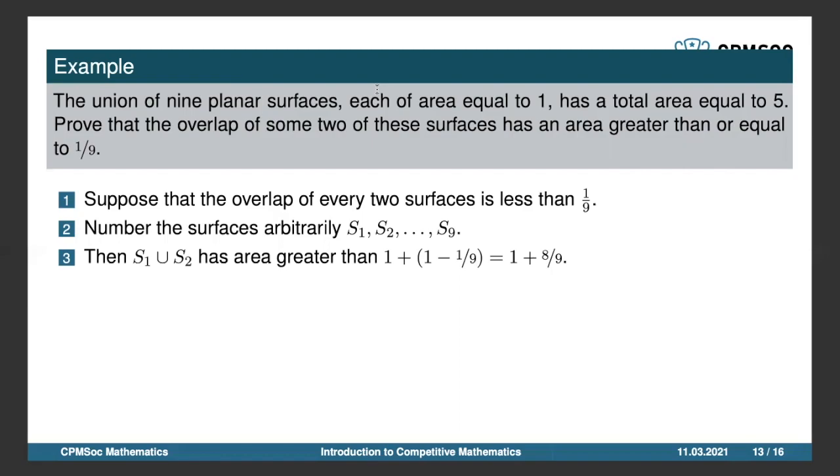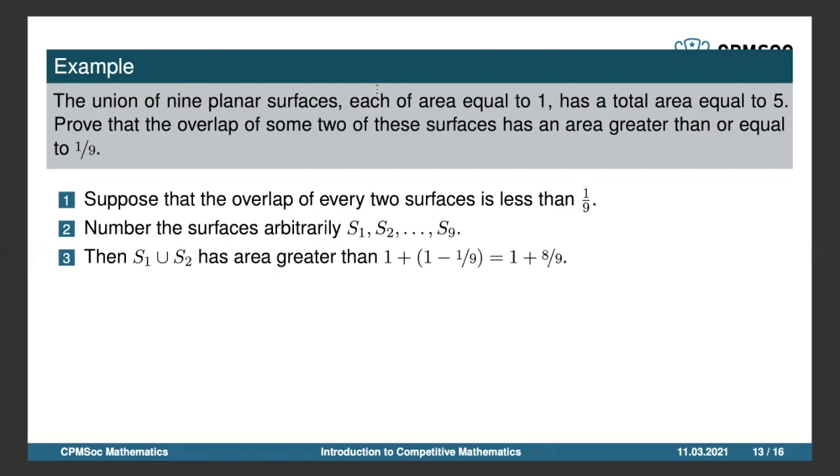And by our assumption, we know that the intersection of the first two surfaces, S1 and S2, must have an area of less than 1/9.